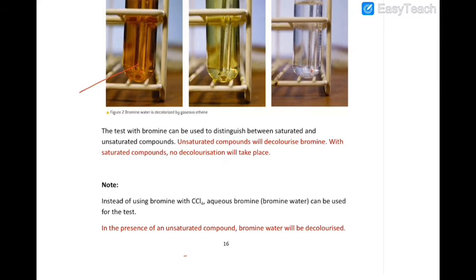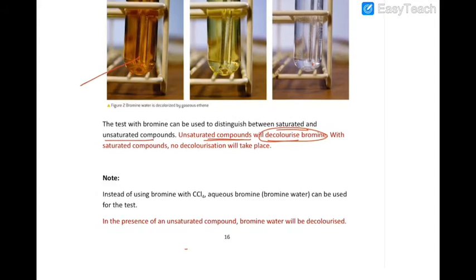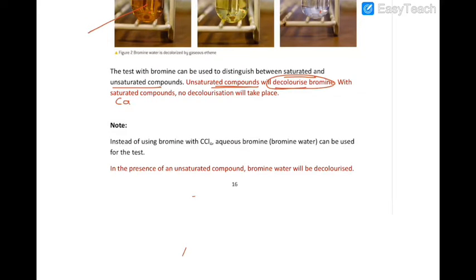And this is a test used to distinguish between saturated and unsaturated compounds, between an alkane and an alkene, or between an alkane and an alkyne. The unsaturated compounds will decolorize bromine, and with the saturated compound, so the alkane or anything that has no double bond, there is no decolorization.